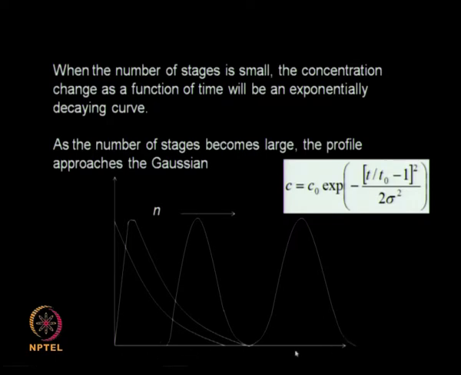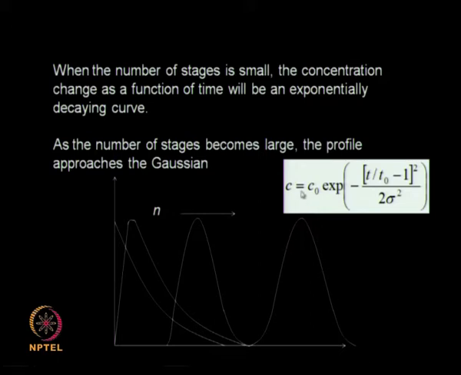Here the x axis is the time. As we keep increasing the number of stages, the shape of the curve initially may appear like this and slowly it will reach a normally distributed shape like this.